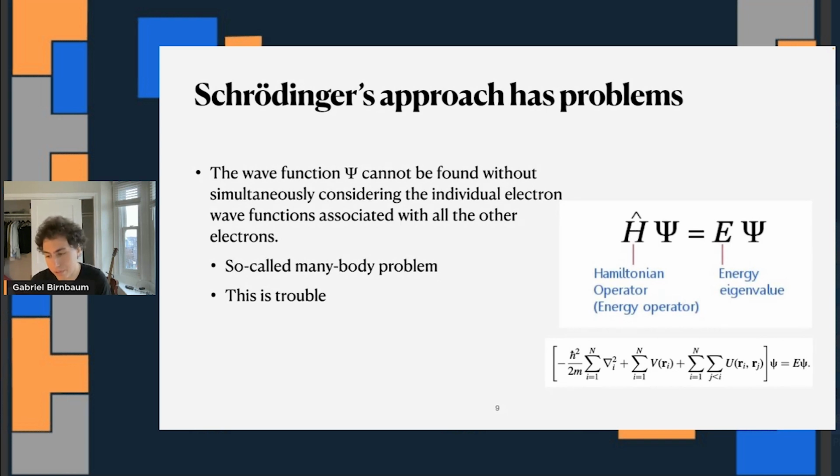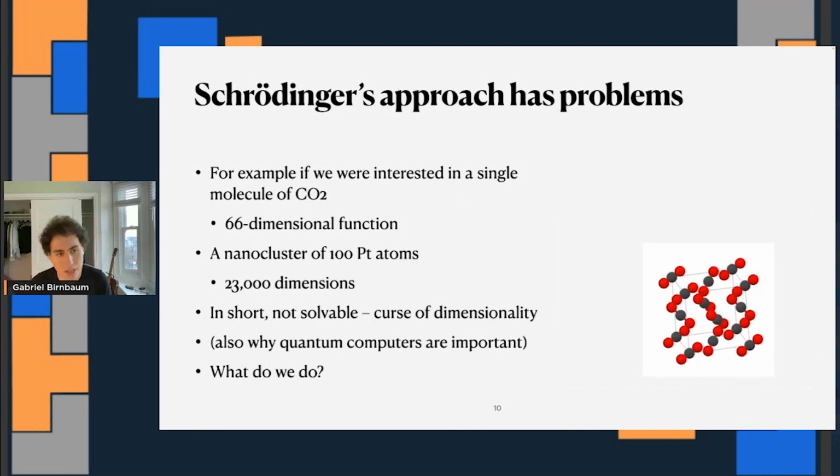For example, if we are interested in a single molecule of CO2, we have a problem that is 66 dimensional. So a 66 dimensional function that you need to solve computationally. If any of you have done scientific computing, you know that this is a very high dimensional problem.